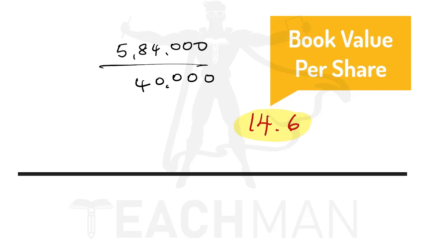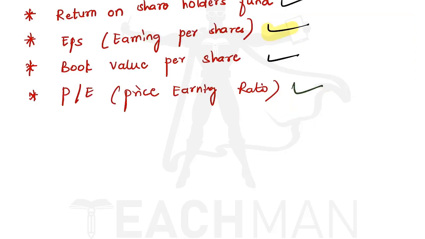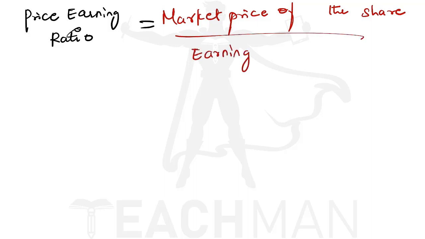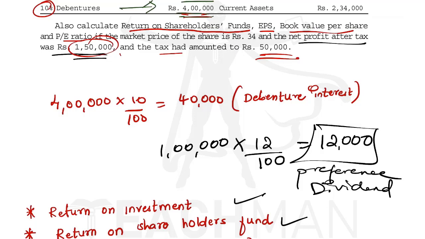Now we have to calculate the last ratio, that is P/E ratio, that is price earning ratio. What is the formula of price earning ratio? Price earning ratio is equal to market price of the share divided by earning per share, that is EPS. In the question they have given market price of the share.